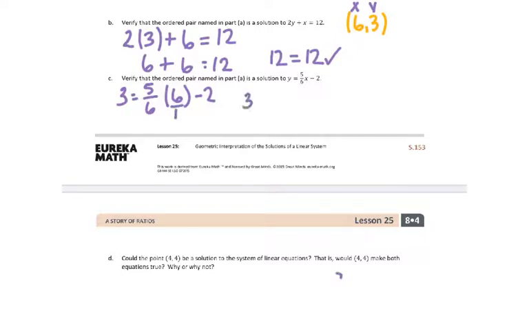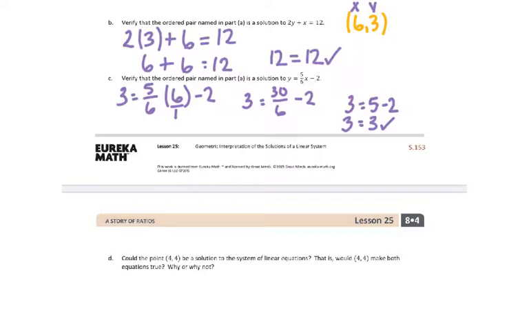So I have 3 equals 30 over 6, minus 2. 30 divided by 6 is 5. 5 minus 2 is 3. So I have an equation that is indeed 3 equals 3. So 6, 3 is also the solution to my linear equation, y equals 5/6 x minus 2.